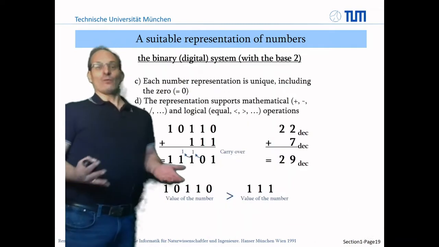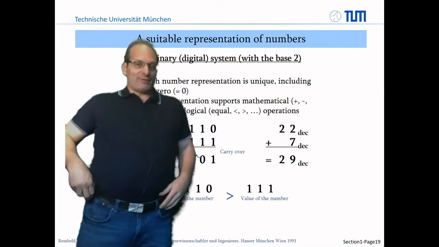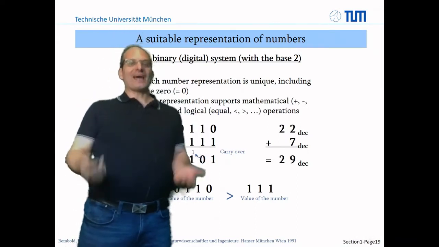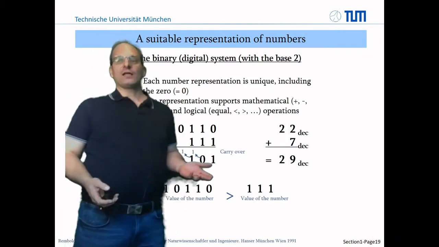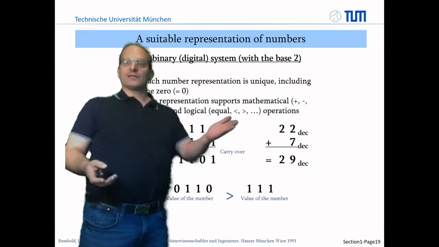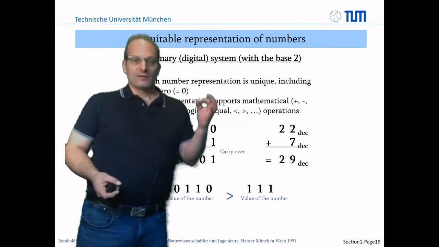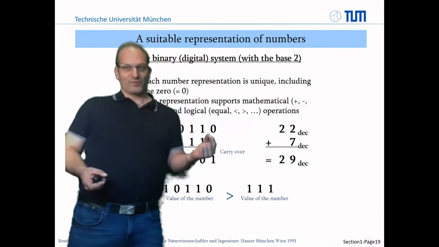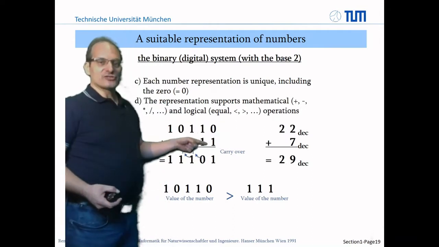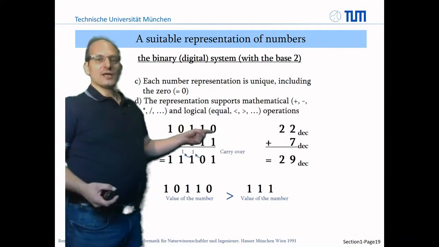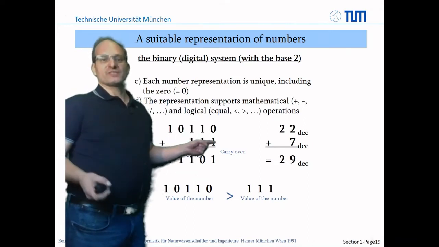So now we have a method to represent numbers. The next step is how to calculate with these binary numbers, and this is the same thing as with the normal decimal numbers. With the normal decimal numbers, you always use one of these columns which represent one value.